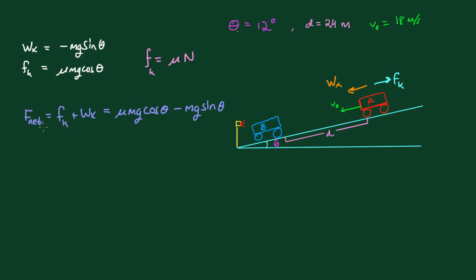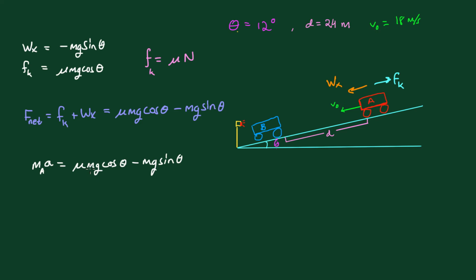Okay, so this is the net force acting on this car A. So by Newton's second law, this net force is equal to the mass of car A multiplied by its acceleration down the hill. So we can write that the mass of car A times acceleration is equal to mu times mg cosine of theta minus mg sine of theta.